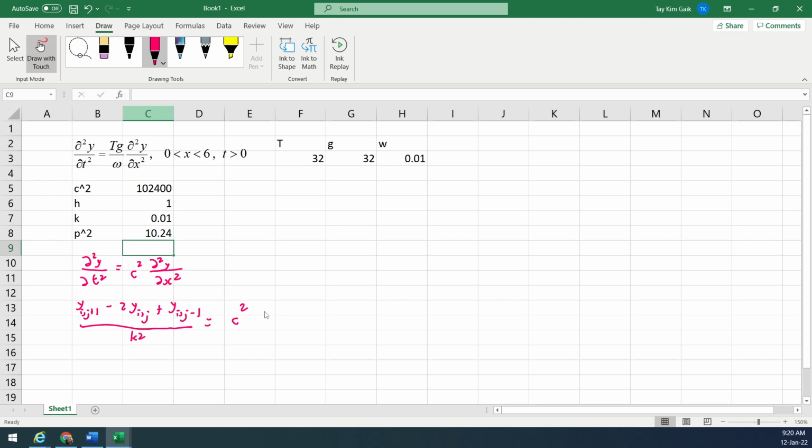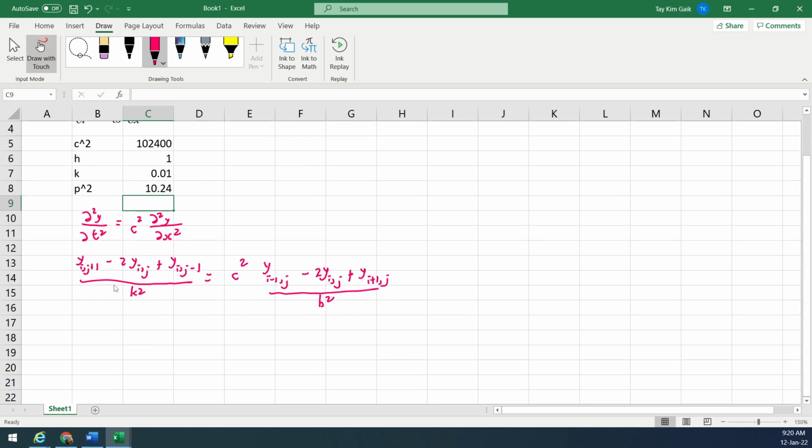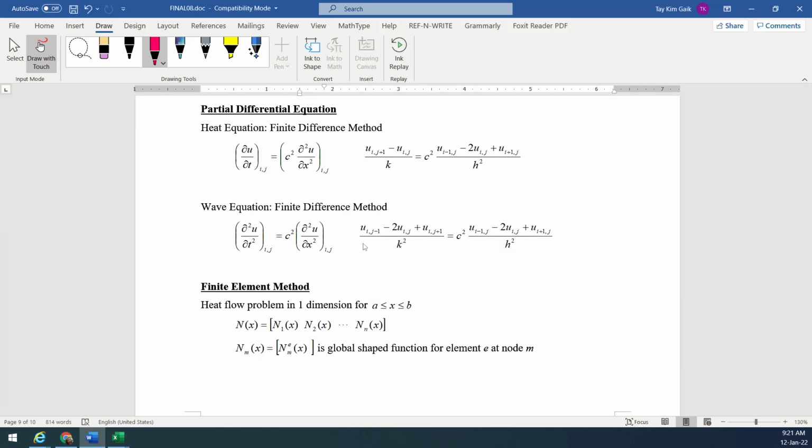That's why you have yi minus 1 j minus 2 yij plus yi plus 1j divided by h squared. If you forgot that three level molecule, to solve for level 2 onward, what is the molecule coefficient, then you have to obtain that three level scheme from the formula given here.